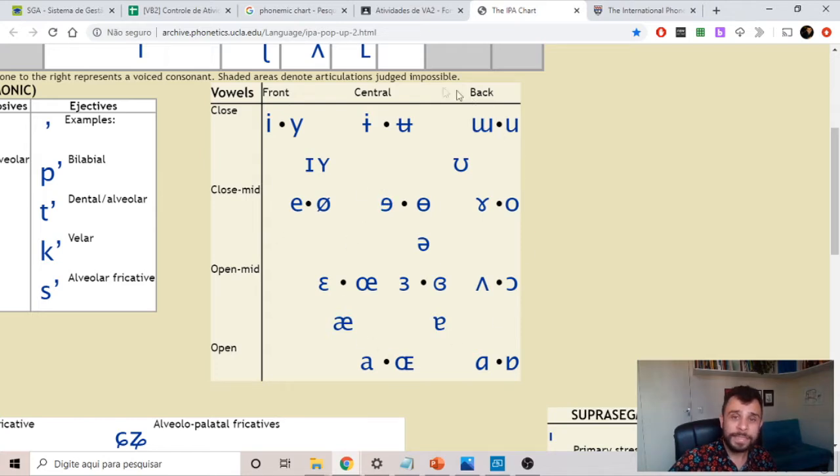Now, all of these symbols here represent most of the vowels within all languages. Not all of these vowels are used in the English phonemic system. As I told you, there are only 12.